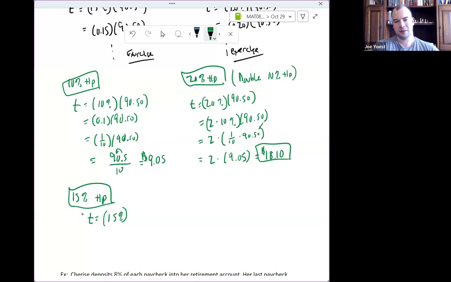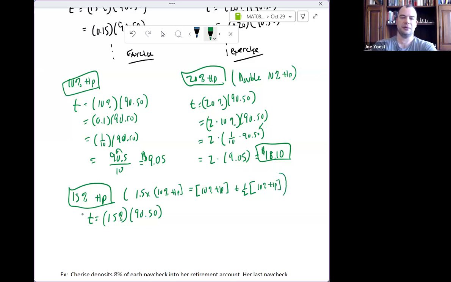So here T would be 15% times 90.5. Well, 15% is 1.5 times a 10% tip. Or 1.5 of something is a 10% tip plus half of a 10% tip.